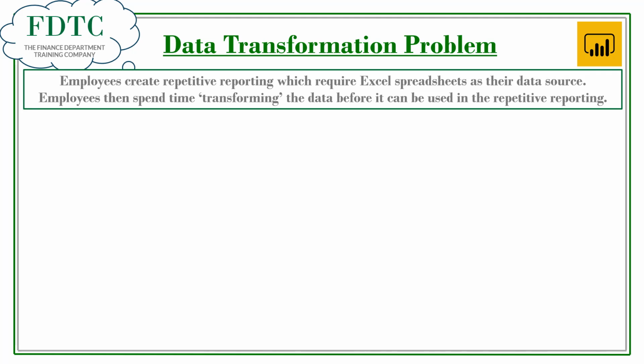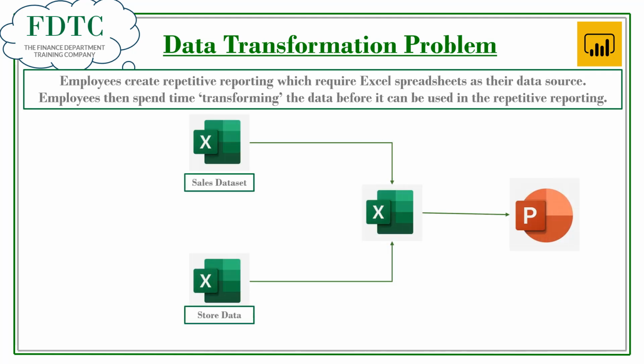So let's say that we need to create a sales report each day, and then we need to put this report in PowerPoint. Now, in order to create this PowerPoint presentation, we actually need to start with two Excel reports, one that has sales data and one that's got some store information. Now, in order to complete our sales reports, we then need to match these two reports together before it goes into our PowerPoint presentation.